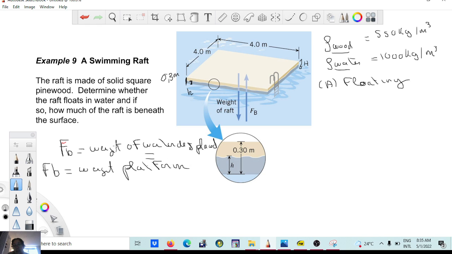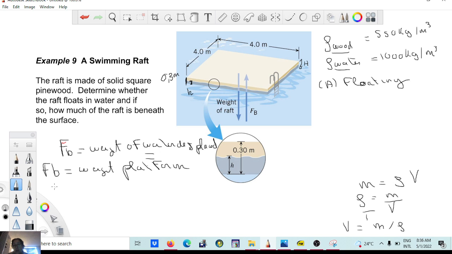So let's write that equality, the weight of the water displaced. And remember, density is mass divided by volume. So the volume equals mass divided by the density. And mass equals density times volume.